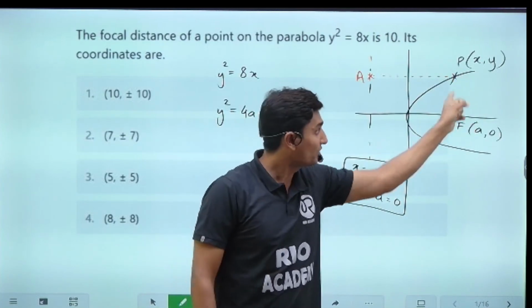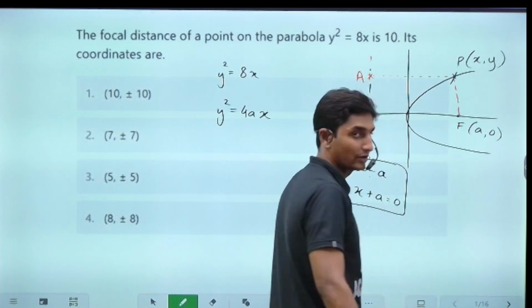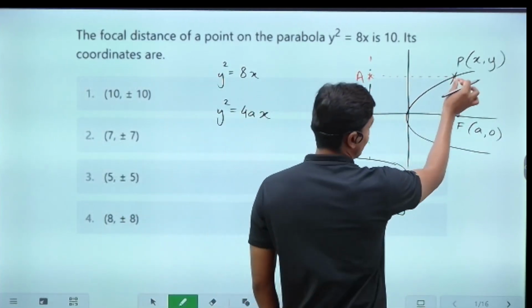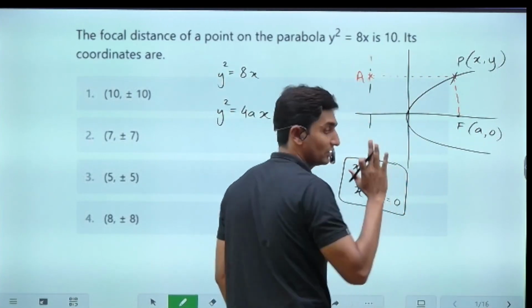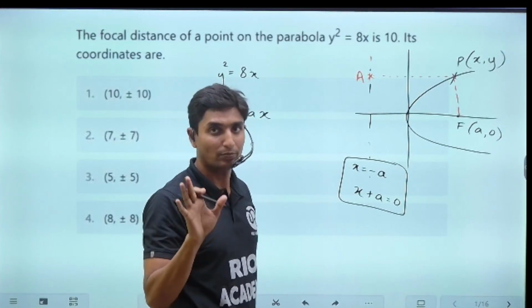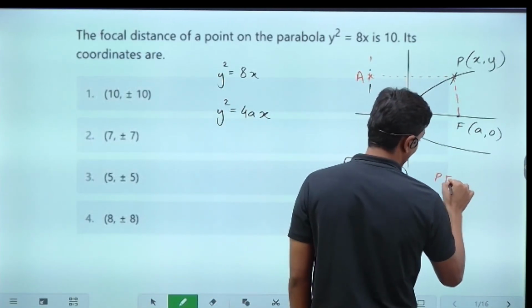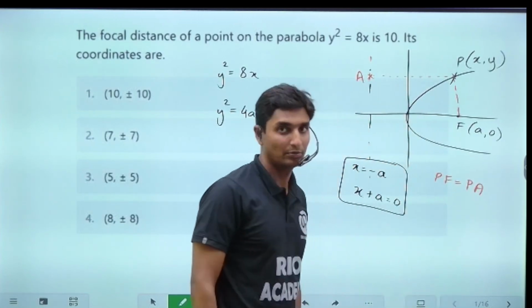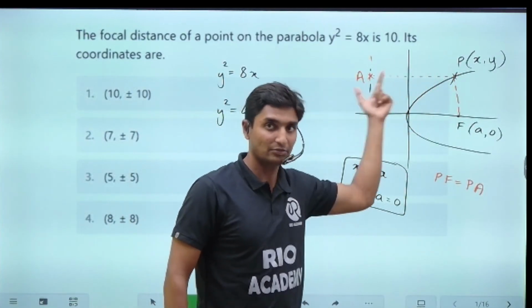Okay, and PF is nothing but the distance of the point from the focus. Correct? Now in case of a parabola, we already know that the distance of this particular point from the focus and also from the directrix are equal. Okay, that is the ready-made condition for a parabola. PF is equals PA. This distance is PF, and this is nothing but PA.